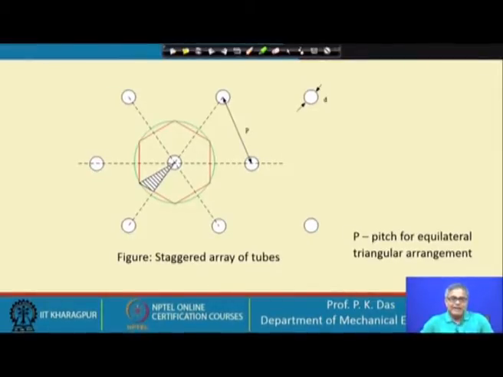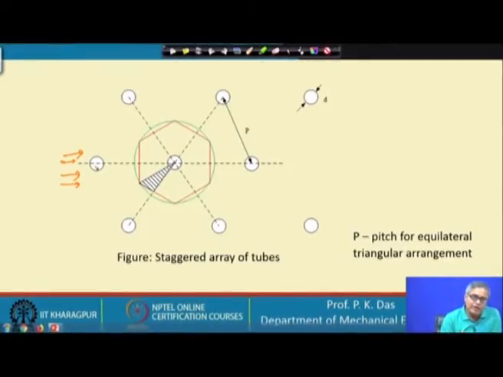In a staggered array, let me tell you why there are two types of arrangement. It has been seen that a staggered array generally gives more compactness and more heat transfer. The fluid stream which will pass these tubes, let us say this is the air flow, and the flow of liquid is normal to the plane of the diagram.